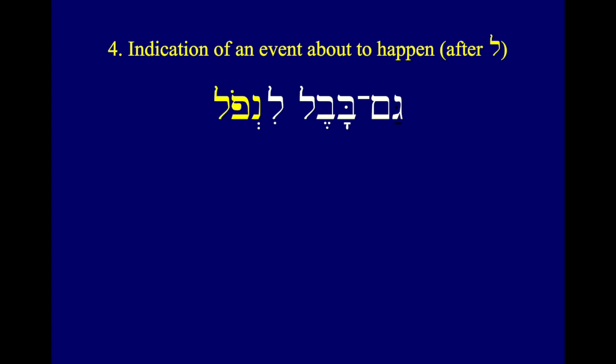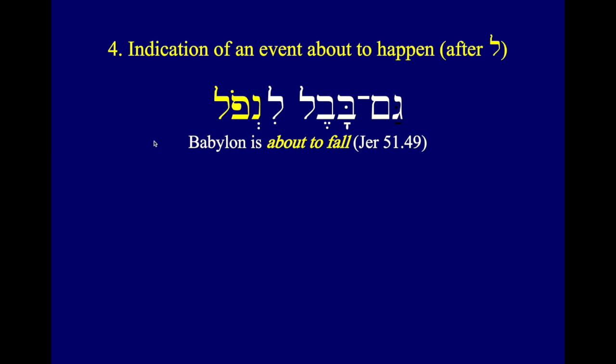So gam, that should be it's there, it's just not in the right color for some reason. But gam, so also, bavel, lin pol. Gam, bavel, meaning Babylon, to fall. Also, Babylon is about to fall.